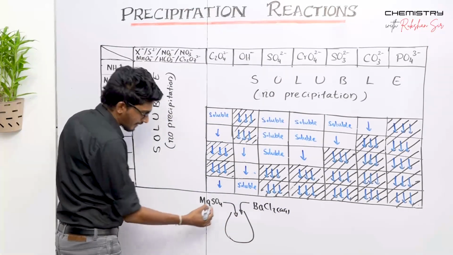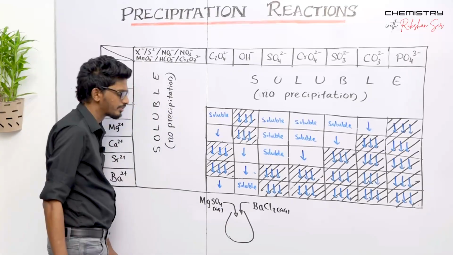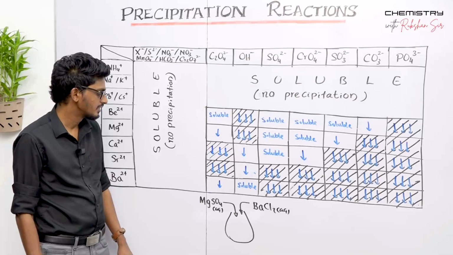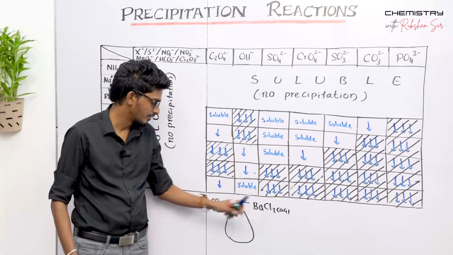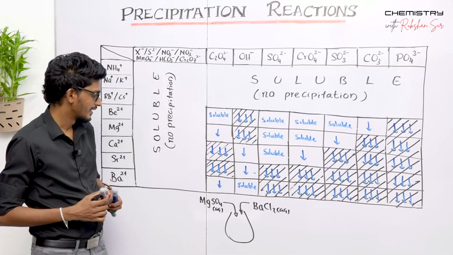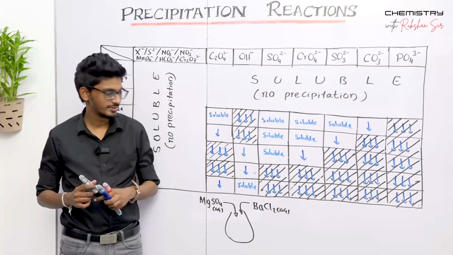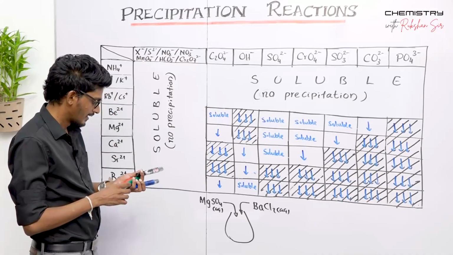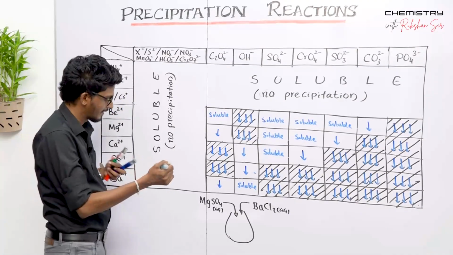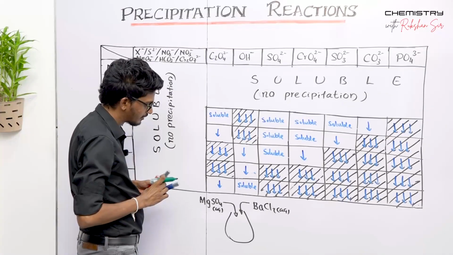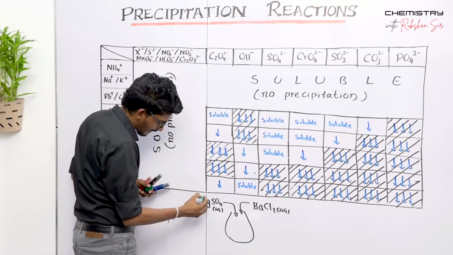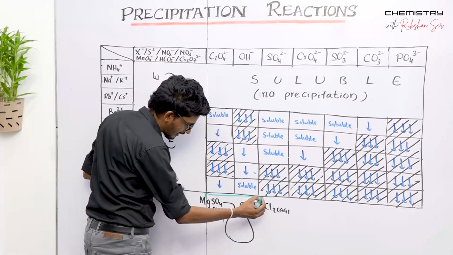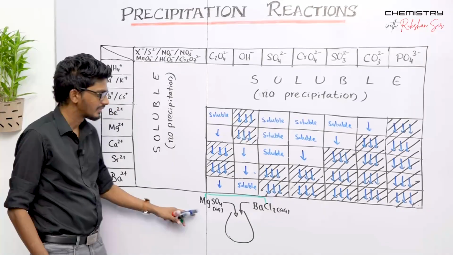Let's discuss how to use the precipitation table to come up with the reaction here. If you are adding magnesium sulfate and barium chloride solutions together, a precipitation can occur or not. How to predict that using the precipitation table? First, exchange the ions of these two salts. The magnesium, the positive ion of this salt, checks with the anion of the other salt, magnesium chloride.